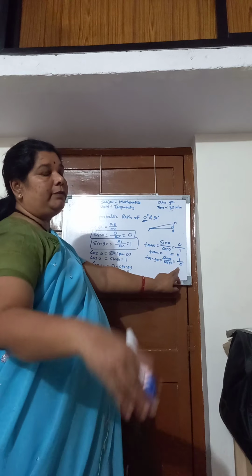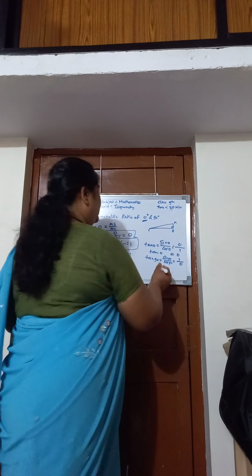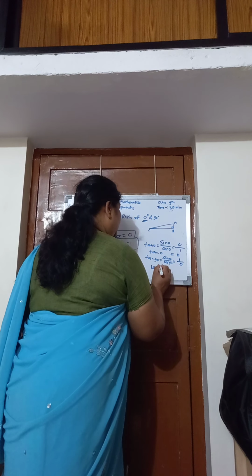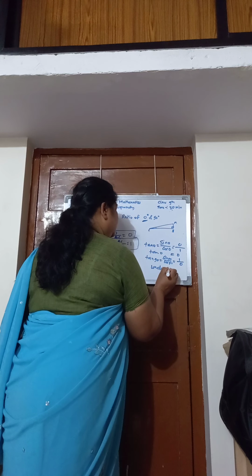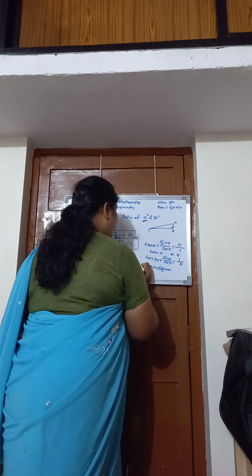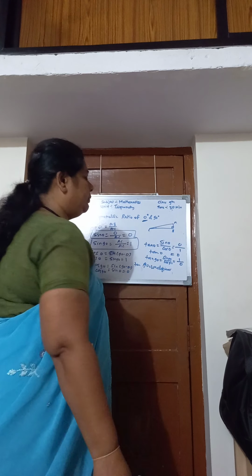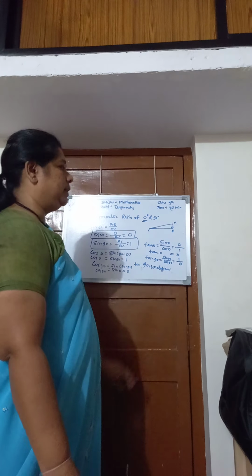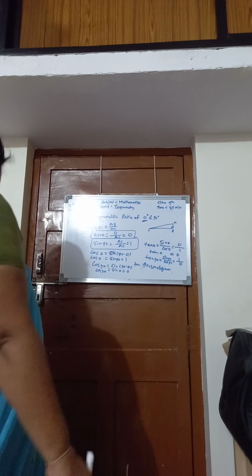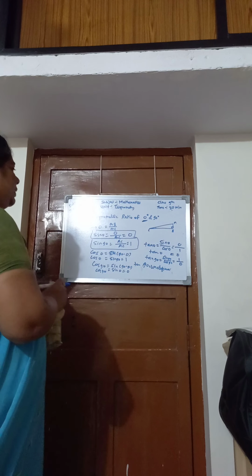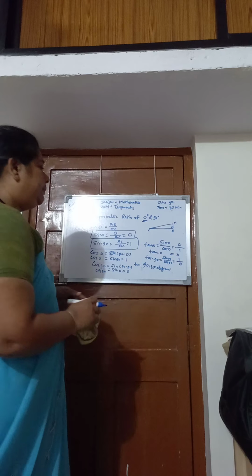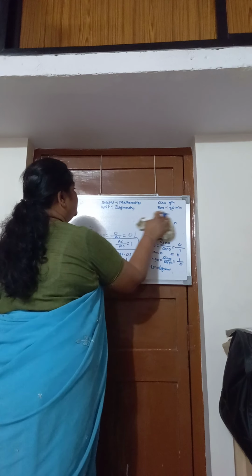The answer will be infinity or undefined. Tan 90 equals undefined, or we can take it as infinity. This is all about trigonometric ratios.